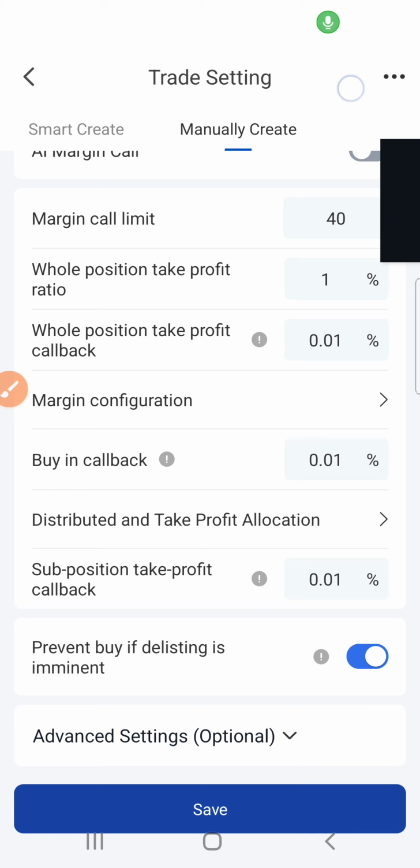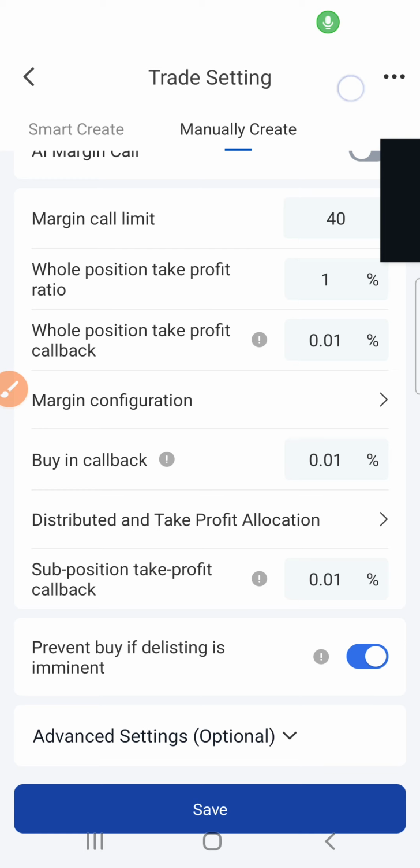On take position callback. Remember, this is our 3%. Another advantage is if you have, let's say, put 0.001, you understand? And we are hitting our take profit from there, 3%. Sometimes you see yourself having 3.5% when you have set 3%.